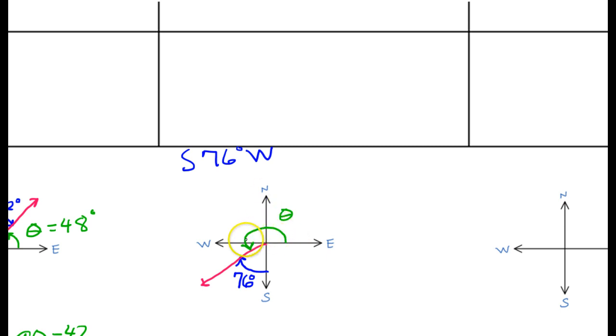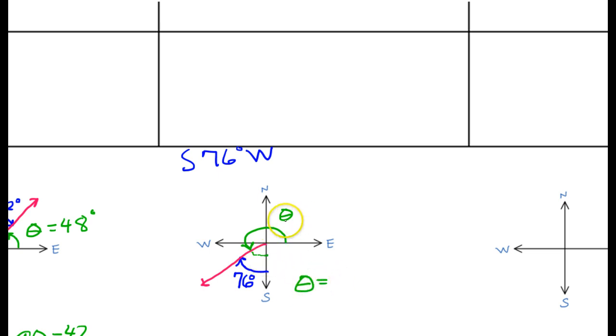So how big is this? Well, this angle theta was on its way to being 270 degrees. All right, it went 90, 180. If it went all the way around to south, that would have been 270.